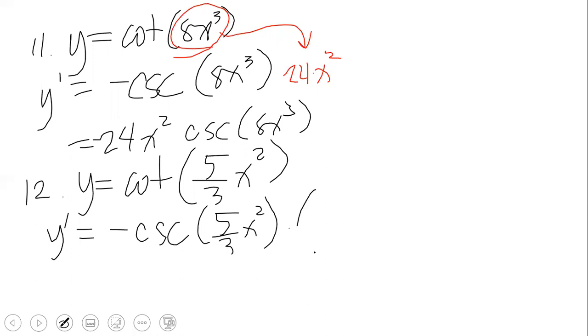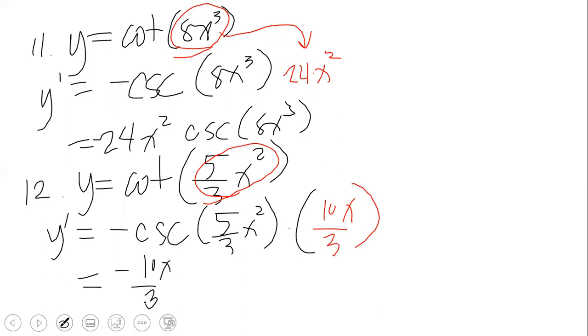Tapos the derivative ng angle, nitong angle, that will be 10x/3. Rewrite na lang natin lahat. So negative 10x/3. Tapos yung trigonometric function, cosecant angle, 5x squared over 3.